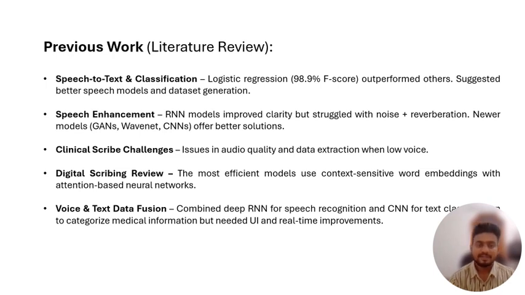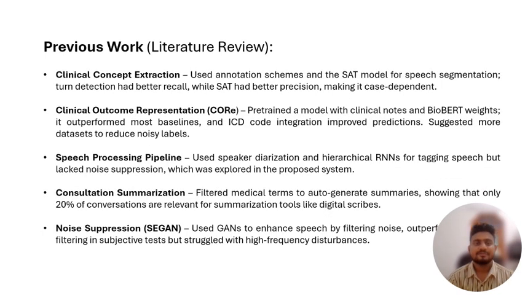The fifth one is voice and data fusions. One paper on clinical note summarization used a multi-head attention model to find key phrases and applying token segment correlation and position embedding. However, it risks information loss.